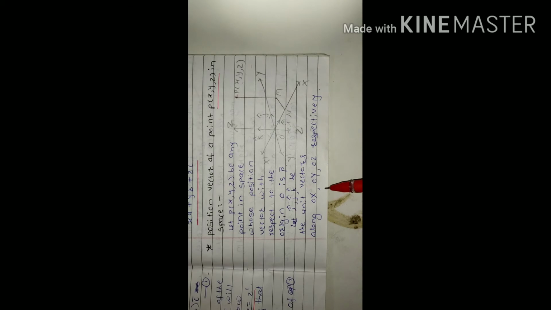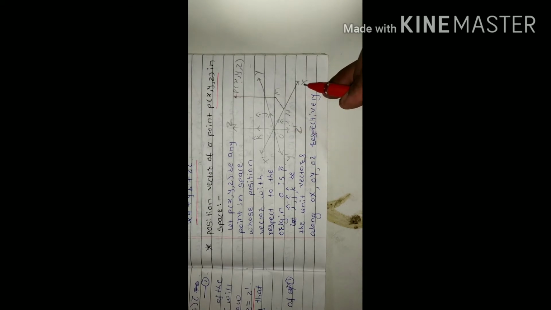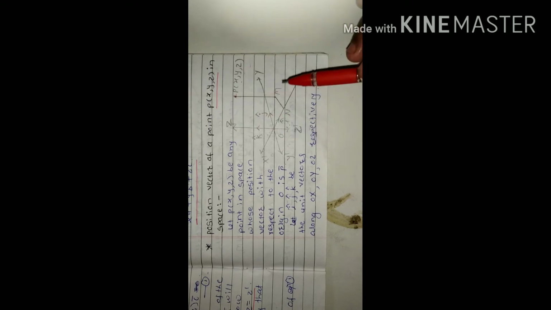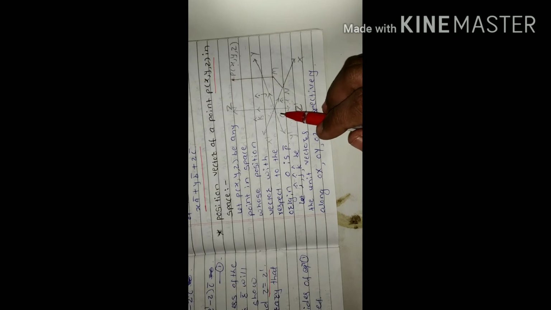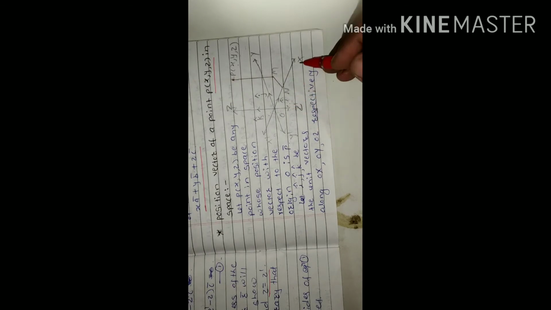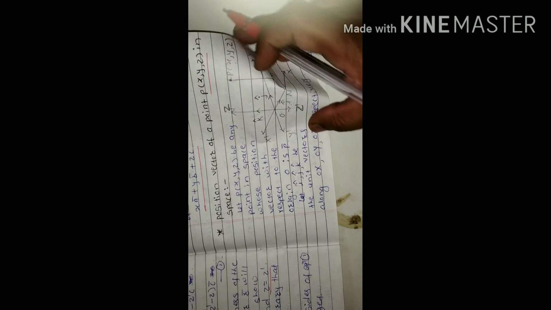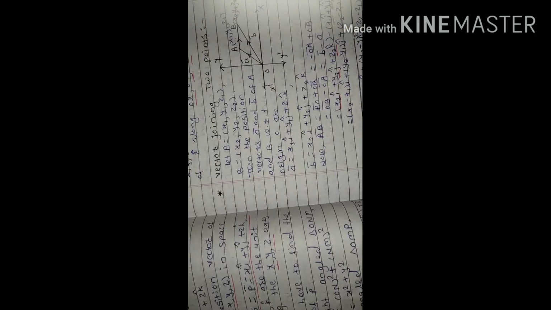Then we find the distances from origin to x, origin to y and origin to z respectively. Origin to x, that is ON and OX, are linearly combined.